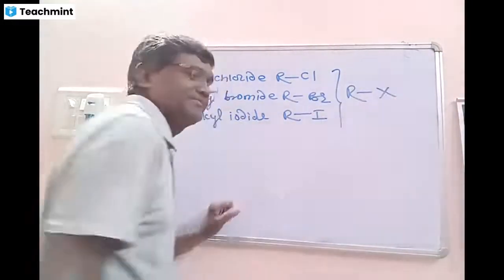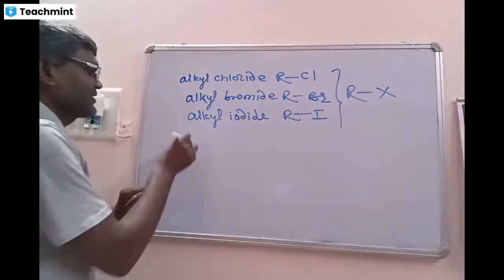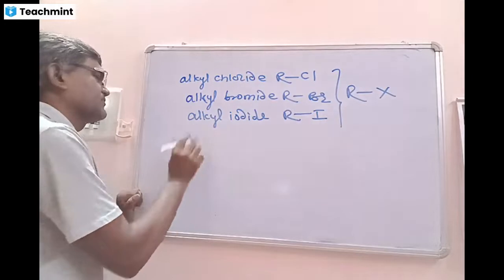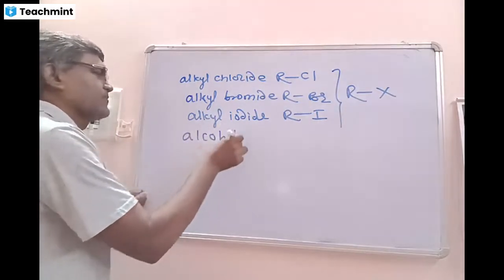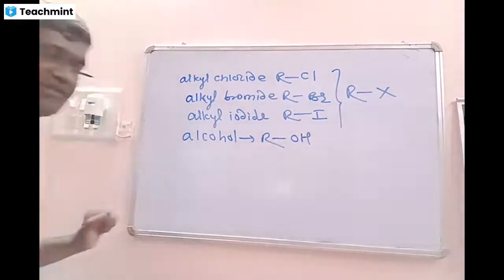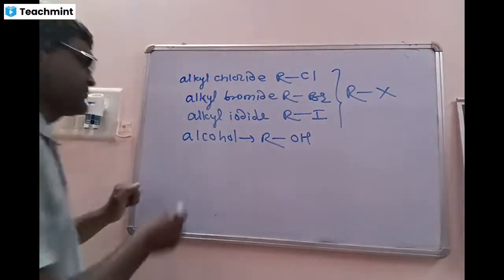Alright. So they are commonly alkyl halide, right? Then we have studied that alcohol as R dash OH, right? You can have the 8 examples for this with names and formulas.